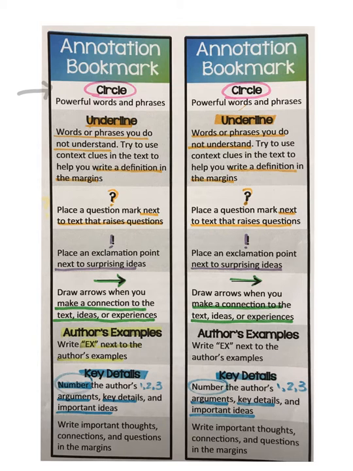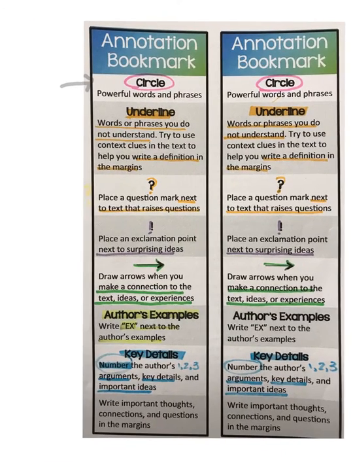And then when you find a connection to the text, ideas or experiences, this is where we get images too, okay? So when you find an image that really resounds with you, or if you find that there is a mental picture that you get, or you really can taste the food that's being described, anytime you get something that appeals to your senses, I want you to highlight that in green.